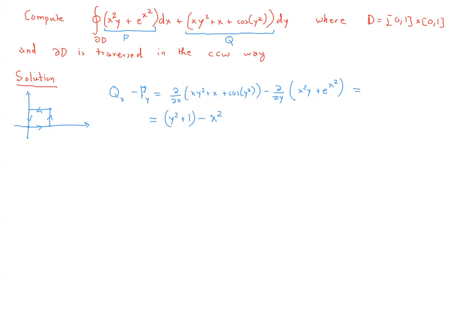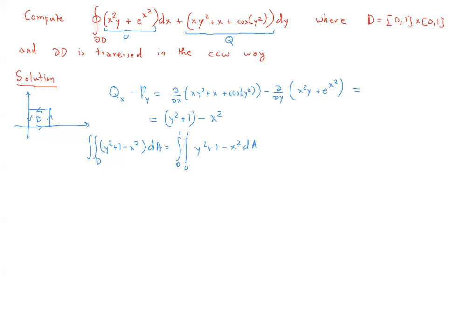So what do we need to take? We need to take the integral over D of y squared plus 1 minus x squared dA, which becomes an iterated integral. And this is such a simple computation.